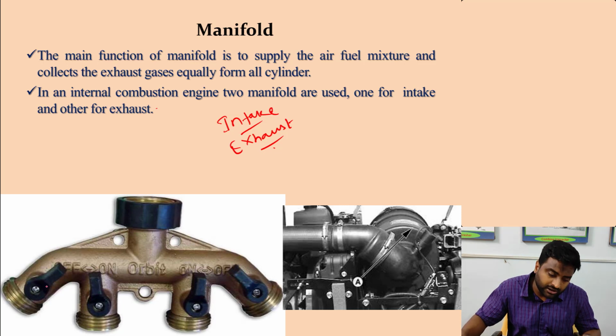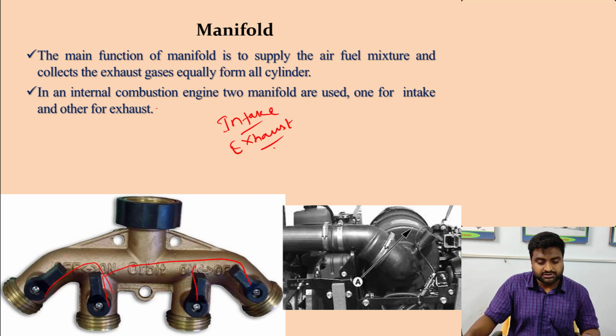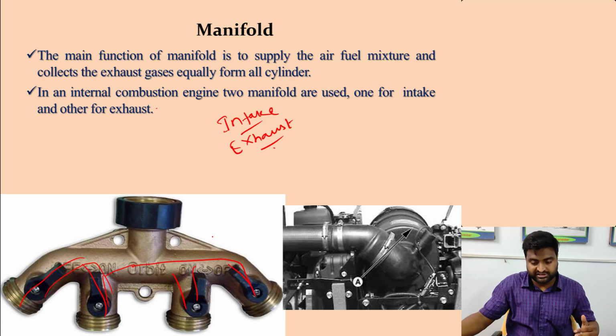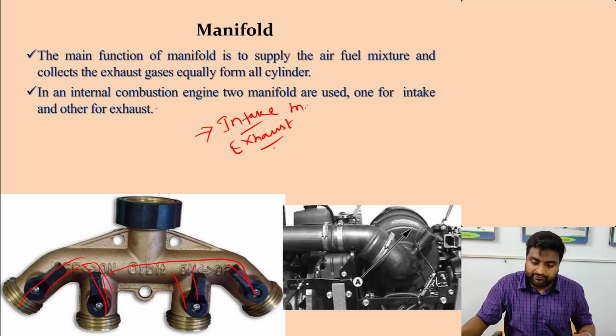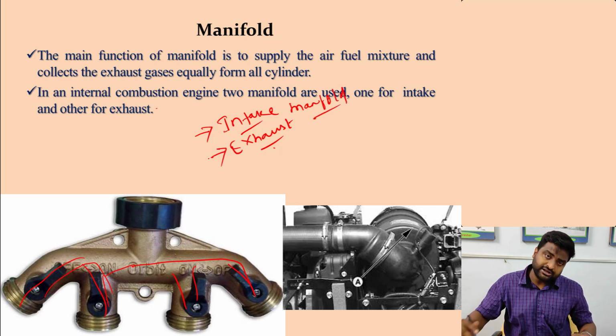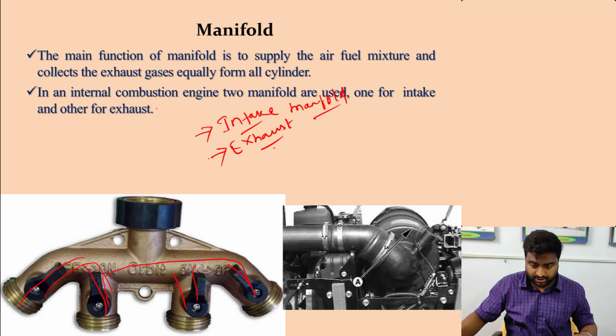Intake manifolds are nothing but pipe-like passages. The air actually comes inside or goes outside. The passages through which the air comes inside are known as the intake manifold. The passages through which the air goes out to the atmosphere are known as the exhaust manifold.